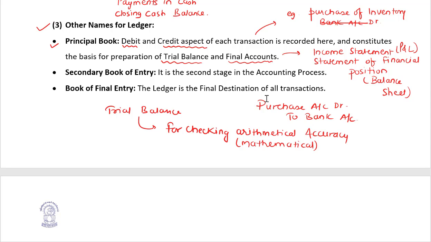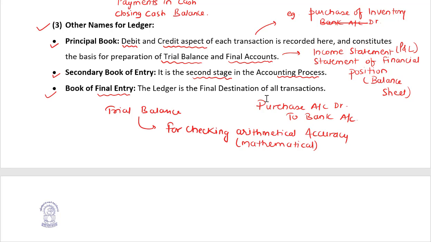So, the name of ledger could be principal book. It is also known as the secondary book of entry. So, it is the second stage. The first stage is journalizing. This is the second stage in the accounting process. The third name is books of final entry. Students, you need to remember these names because they could be a part of MCQs.